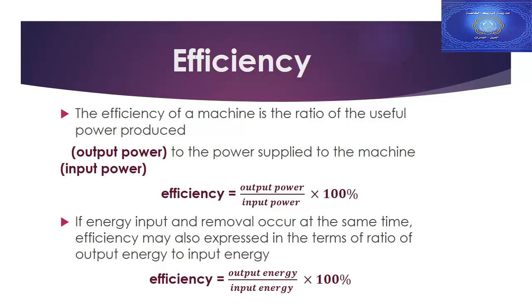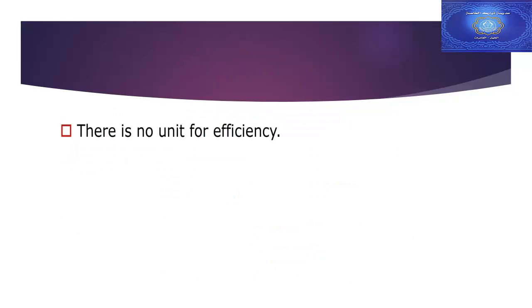If energy input and removal occur at the same time, efficiency may also be expressed in terms of the ratio of output energy to input energy. So efficiency equals output energy divided by input energy times 100%. There is no unit for efficiency. Efficiency equals work over work, output over input, or output energy over input energy.